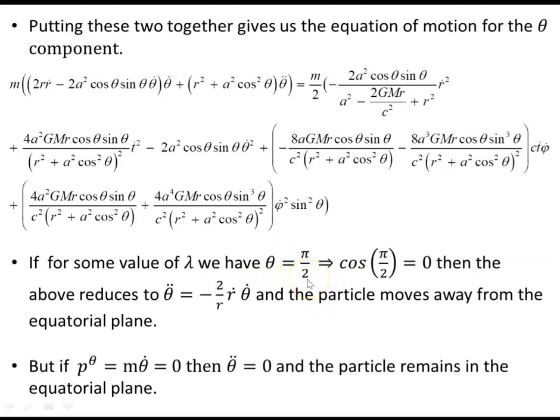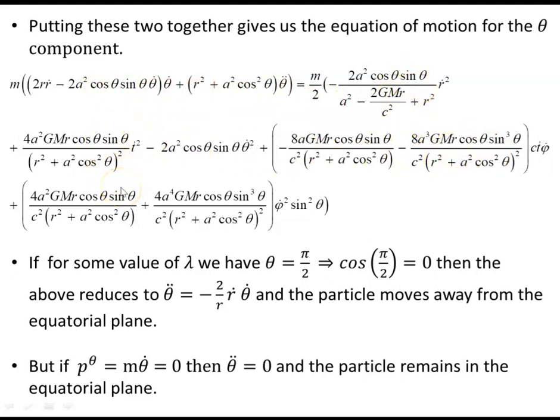So the particle may pass through the equatorial plane, and at that moment we have θ as π/2, so cos of π/2 is 0. And we can go through and put cos of π/2, which will be 0, so anything with a cos term in it will drop off to 0.